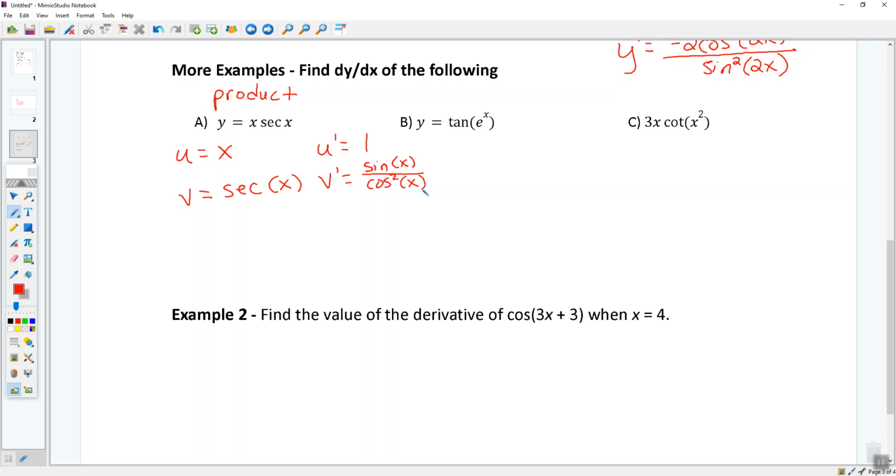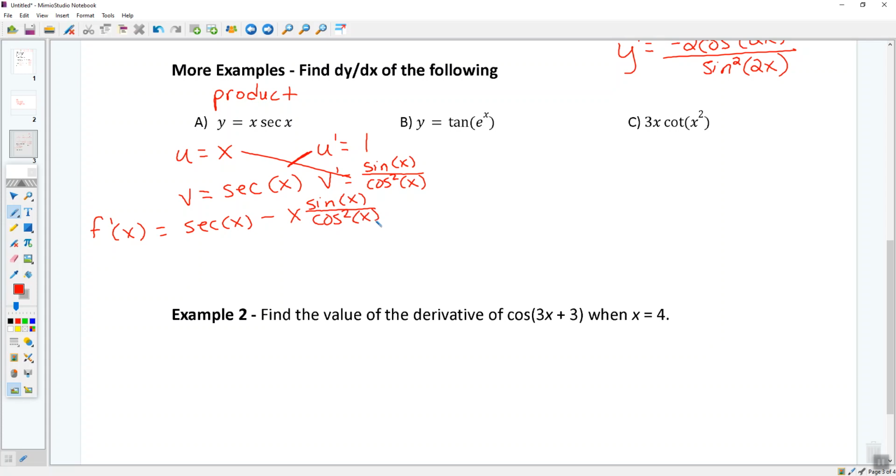Here we go. Our derivative of this would be u prime times v. So these two times each other first. So 1 times what? So f prime of x is going to equal 1 times the secant of x to start with. You all agree? Minus uv prime, which would be x times the sine of x over the cosine squared of x. Holy moly, this is going to get nasty.